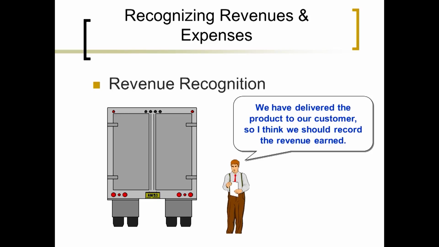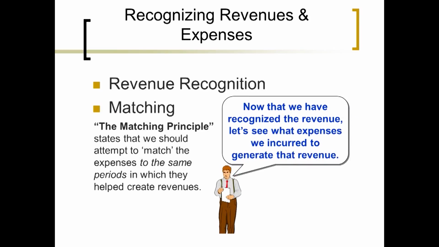Now, there's another principle called the matching principle. You might remember from an earlier chapter when we were going over the assumptions and principles of accounting. You remember we came across the matching principle and I said, let's skip that and come back to it later? Okay, well now we're coming back to it.